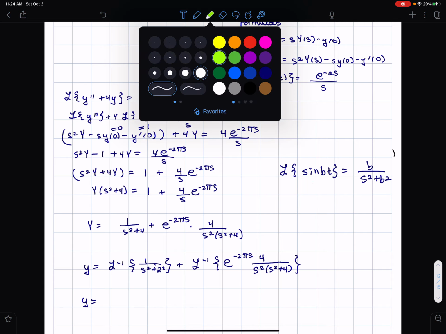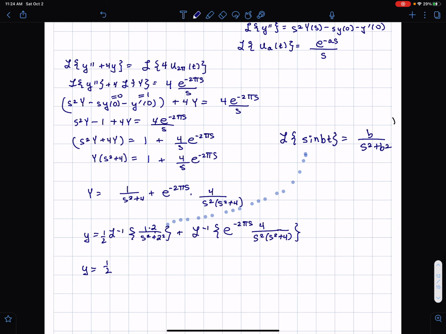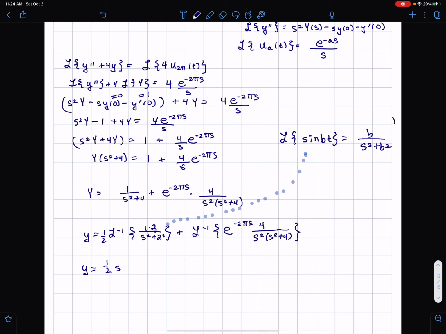I'm going to use that one. But in order to use it, I need 2 on the top, so I put 2 on the top and divide by 2. That's what you have to do, and then you get sine of 2t over 2.